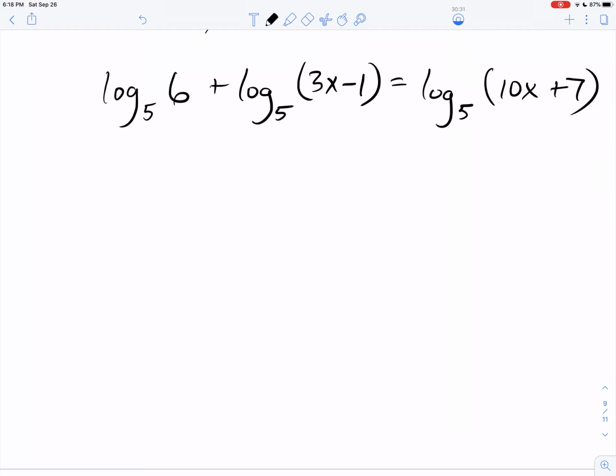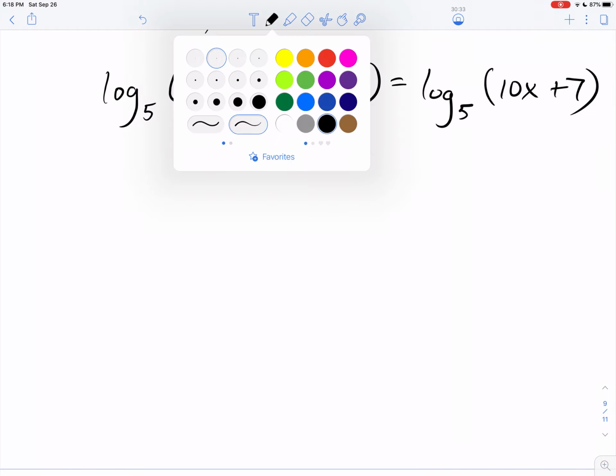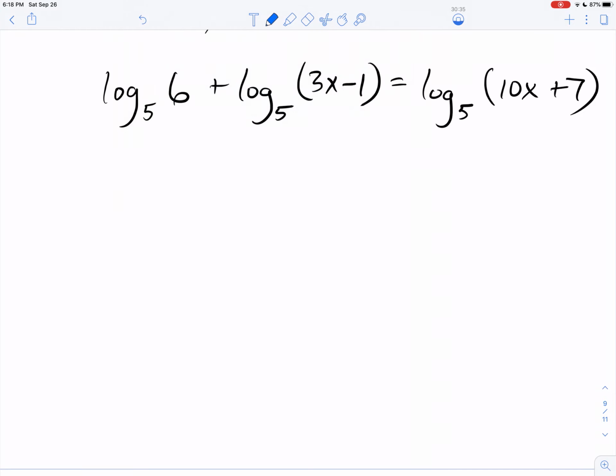Let me show you this is wrong. I will use a different color. How about blue? Somebody does this to me every single year. I did everybody with a base of 5. The problem is I did it two times on the left-hand side. I did it one time on the right-hand side.